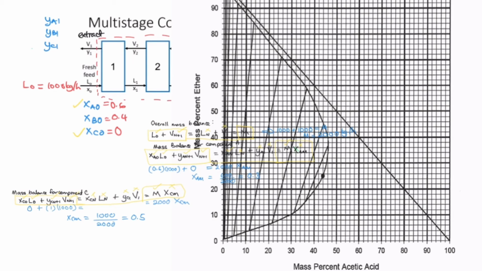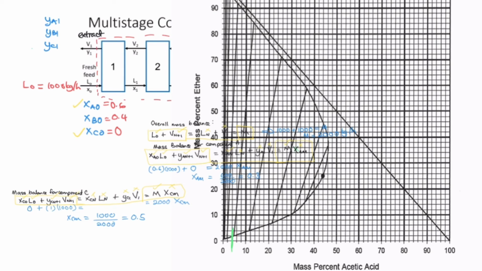Let me show you here. You extend this line, and the position of Ln is where the XAN meets with the equilibrium curve. So this is the position of Ln.